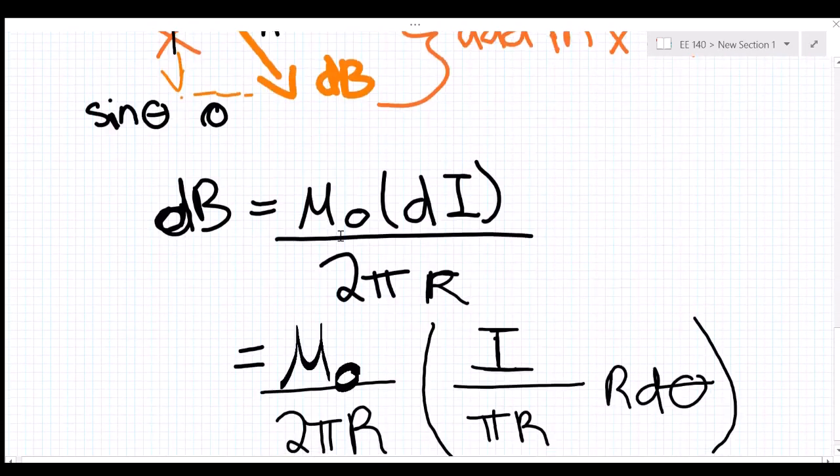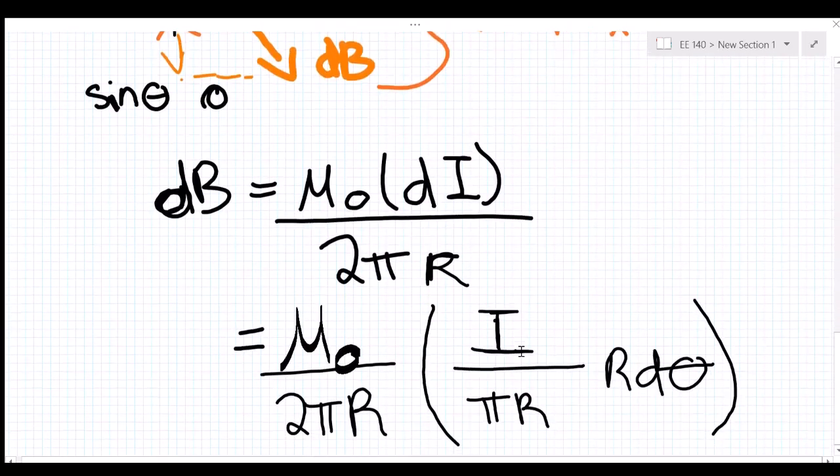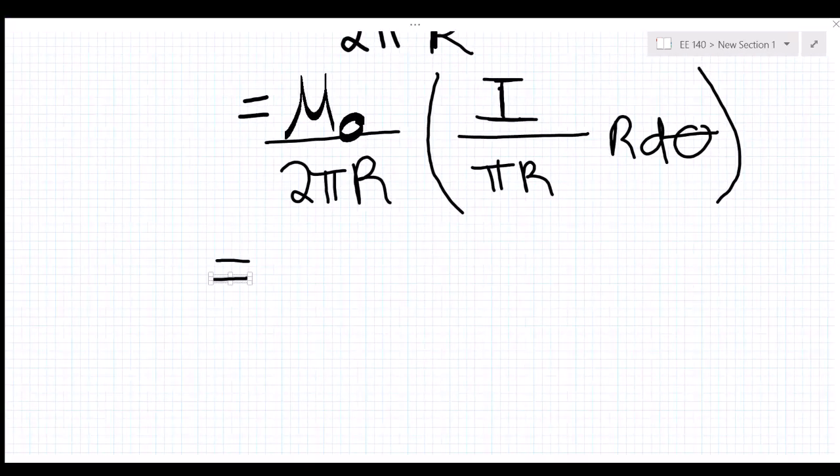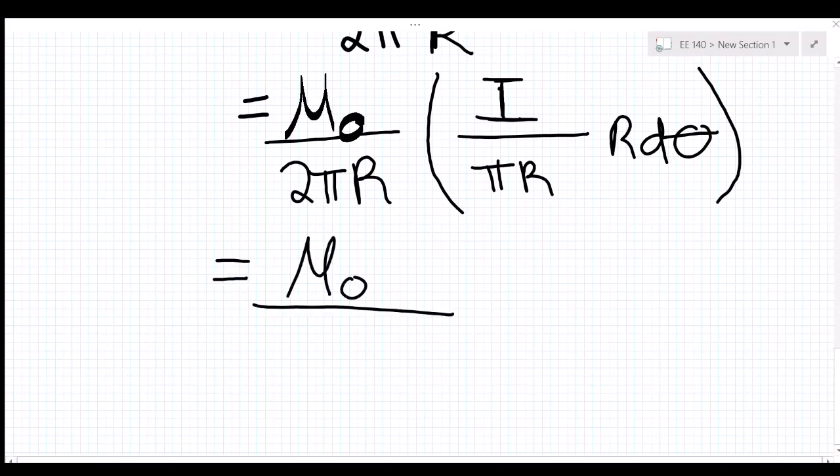So one R cancels out on the top, and you get mu naught I over 2 pi squared R, times d theta.